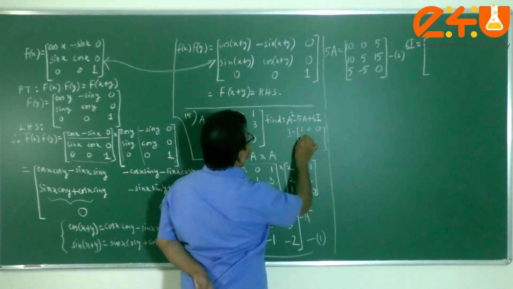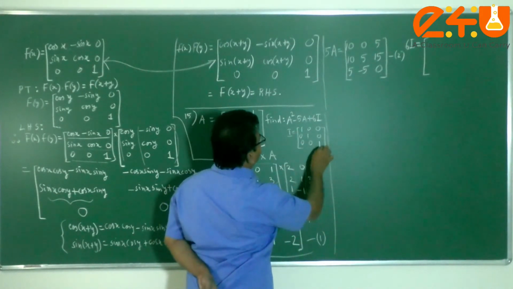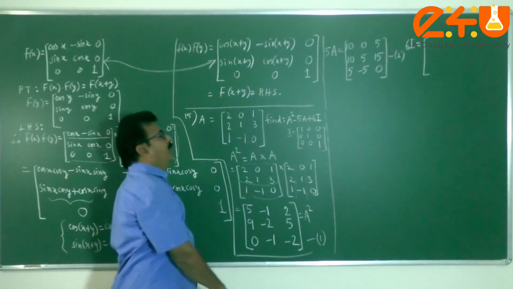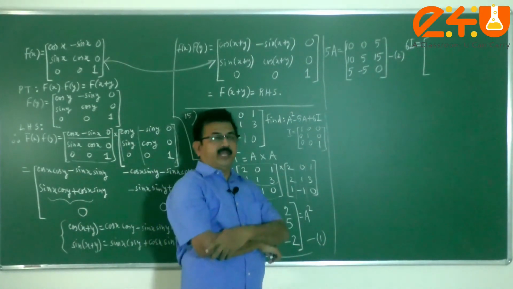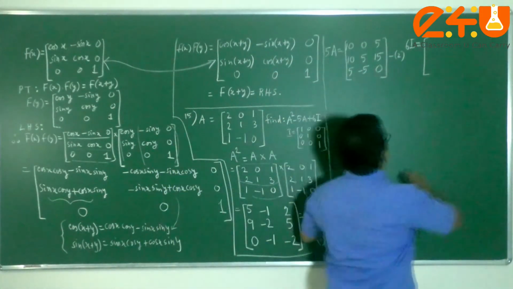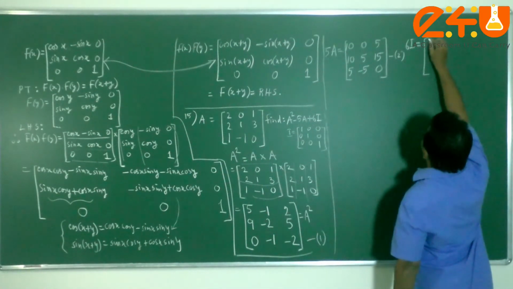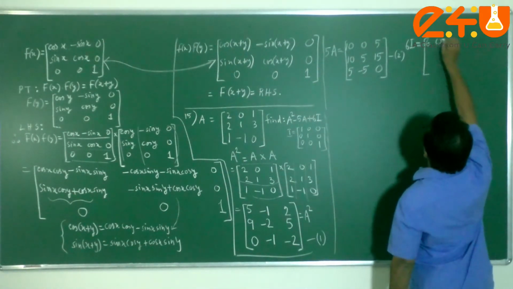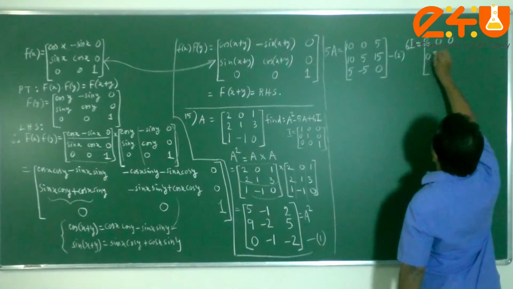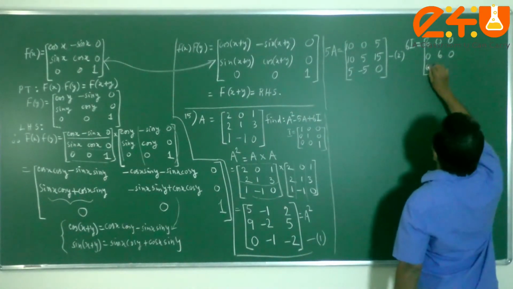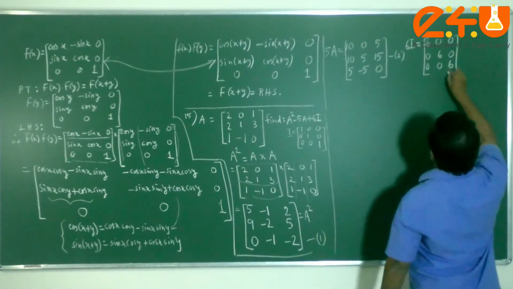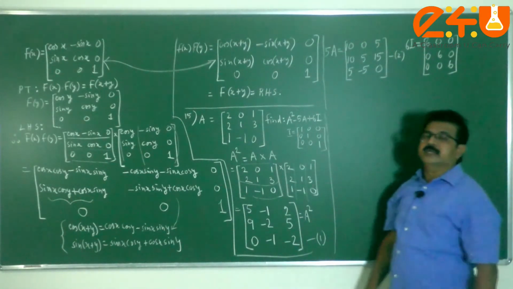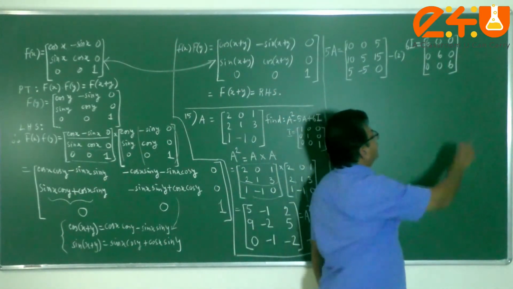It is 1, 0, 0 in row 1, 0, 1, 0 in row 2, and 0, 0, 1 in row 3. Now we are multiplying it with scalar 6. So it is going to be 6, 0, 0, 0, 6, 0, third row 0, 0 and 6. Let me call the result 3.